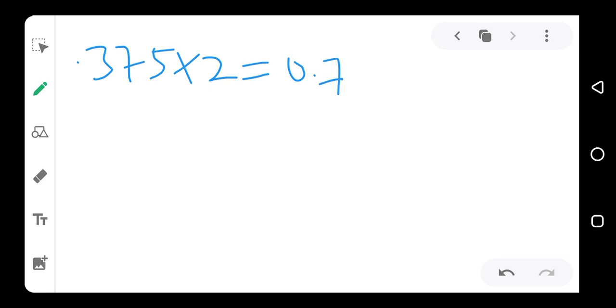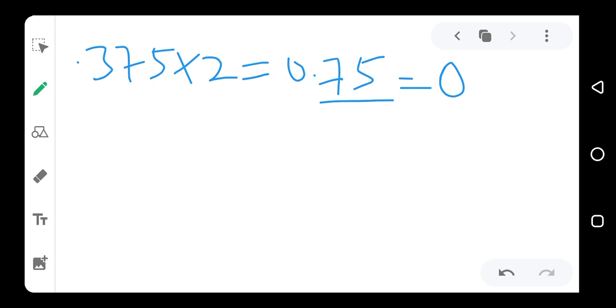So we say 0.375 multiplied by 2, it is going to give us 0.75. The whole number is 0, so we write 0 and then we carry the decimal point, which is 0.75.